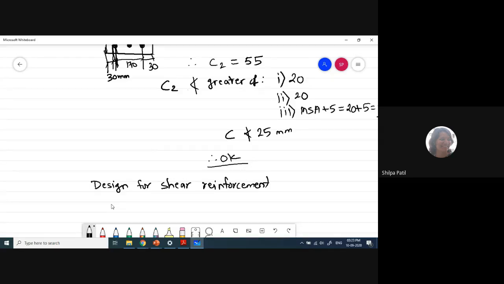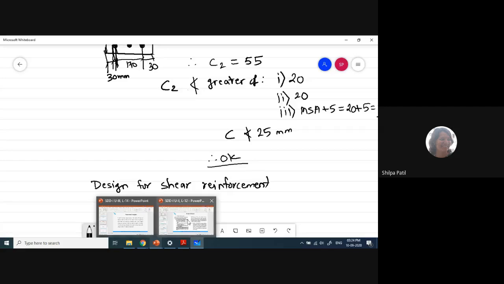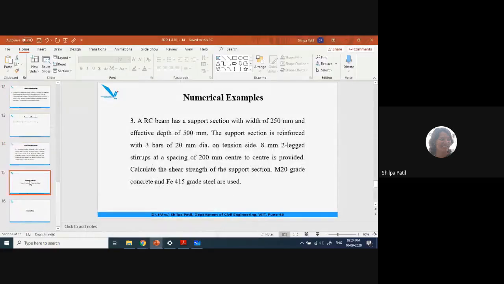The entire problem, the weightage is of 12 marks. Entire design of beam. Is it clear, guys? Design of the beam. We have seen one case, that is design of singly reinforced beam. In the next lecture, we will consider the second type of the beam.